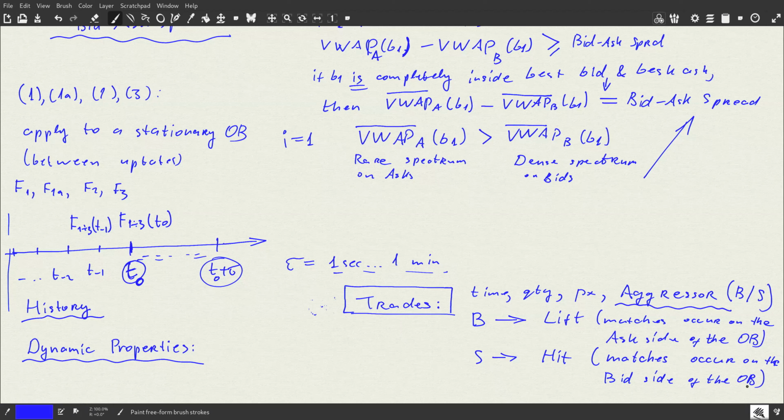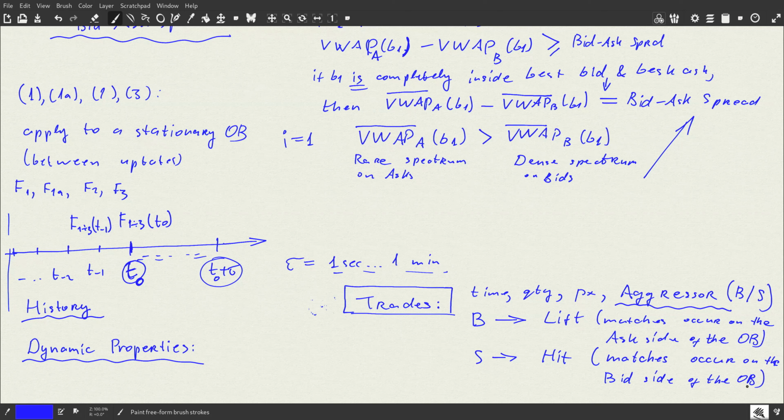This is ultimately important. Suppose that our statistics show that on average over time, the total size of lifts significantly exceeds the total size of hits.